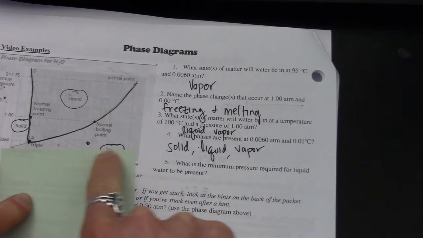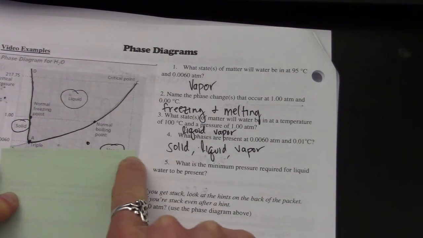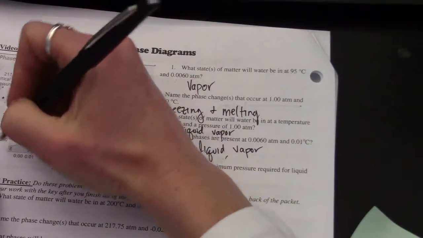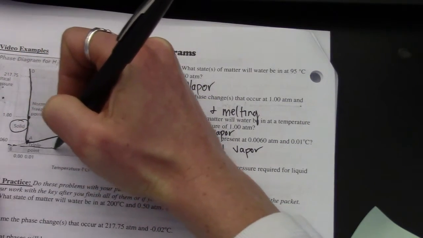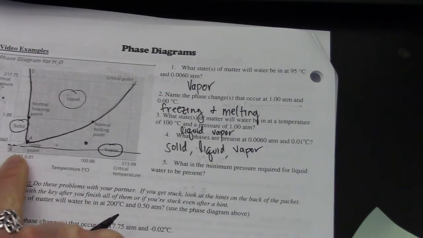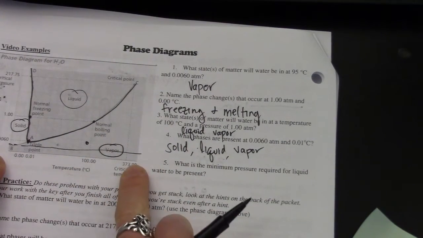At this pressure, whatever that pressure is, notice that no matter how I change my temperature, I'm going to make this a dotted line so you can still see the graph. No matter how I change my temperature, so if I have a really low temperature, I could have a solid, but if I have a higher temperature, I'd have a vapor. No matter what the temperature is, I can't have a liquid.